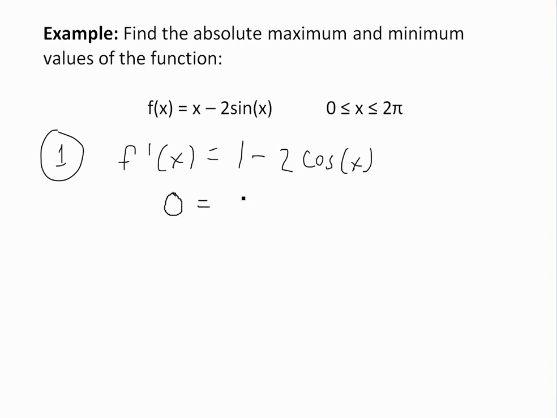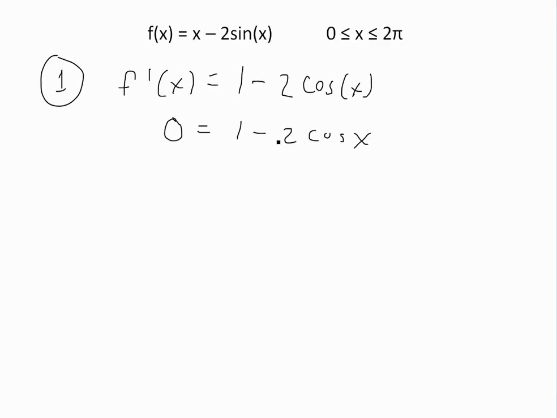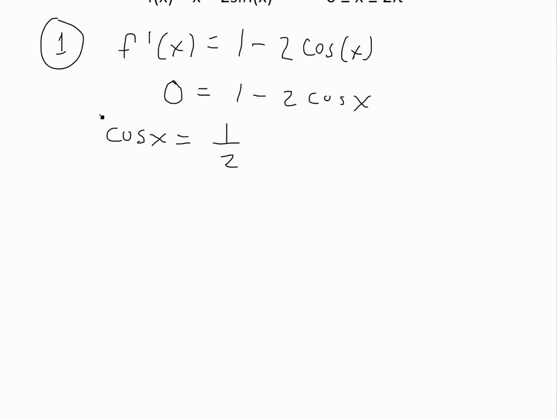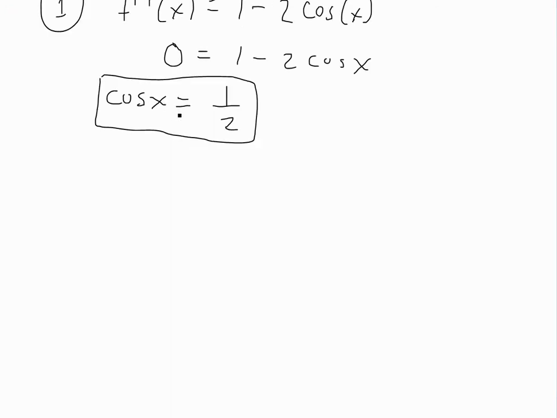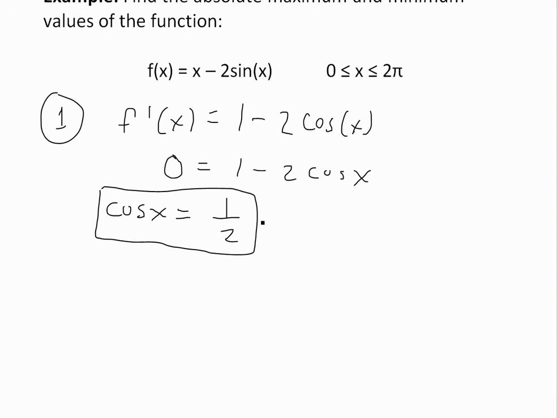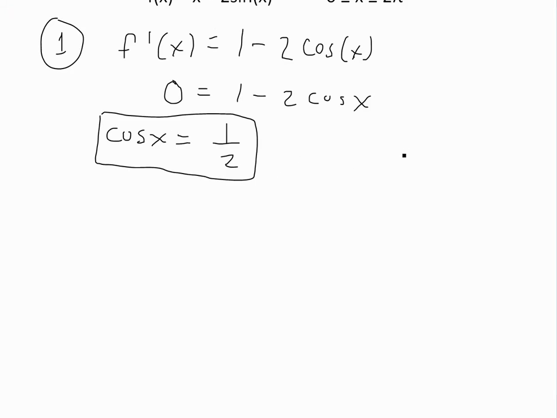We set it equal to 0: 1 minus 2 cos x equals 0. Solving for cos x, we get cos x equals 1 over 2. Now we can use our exact trigonometric ratios, which I went over in an earlier video.